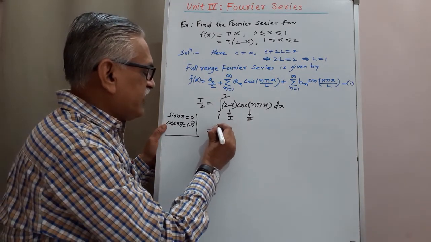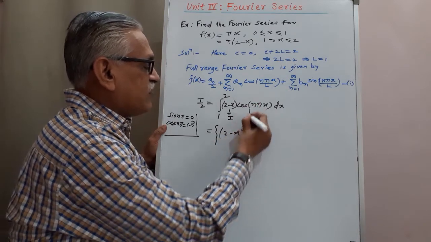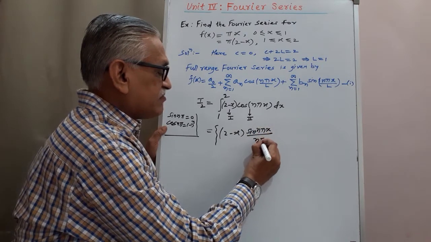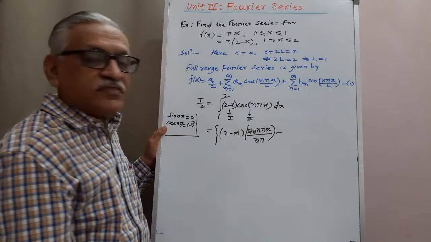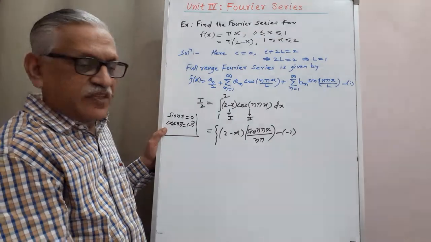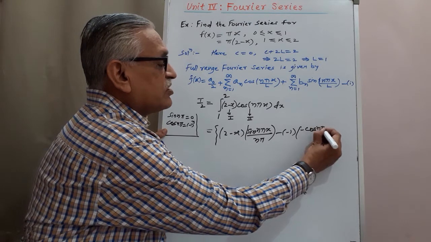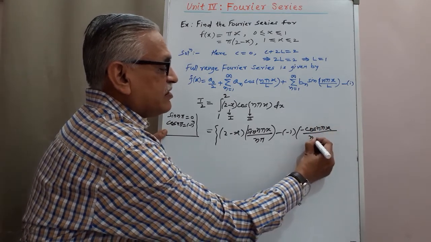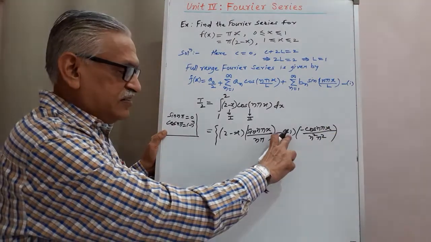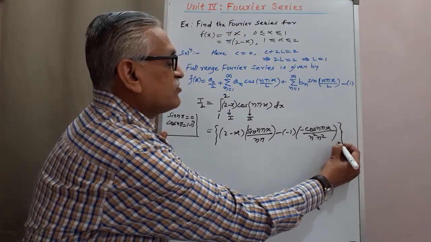We get first term 2 minus x, integration of cos is sin n pi x by n pi, minus the derivative of this with respect to x, which is minus 1, next integration of sine, which is minus cos n pi x by n square pi square, plus the next derivative, which is 0. We stop here, and limits are from 1 to 2.